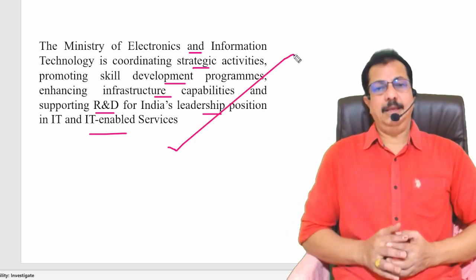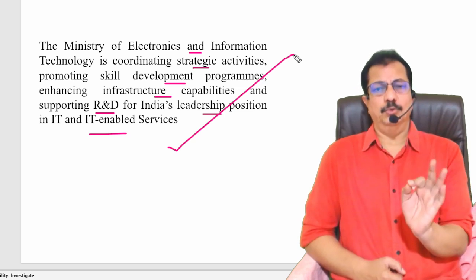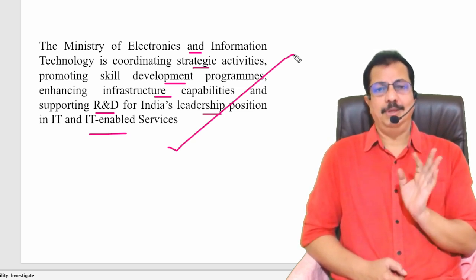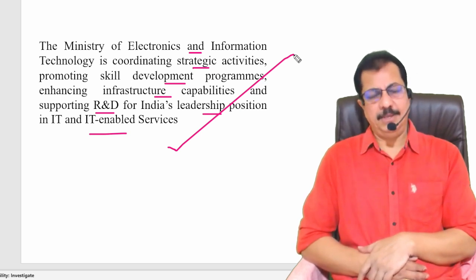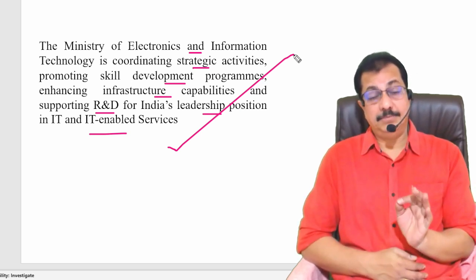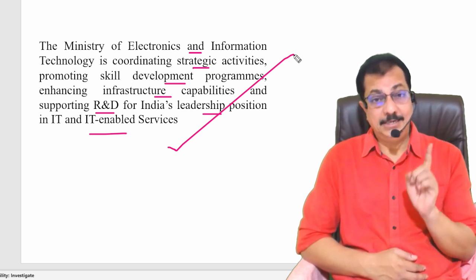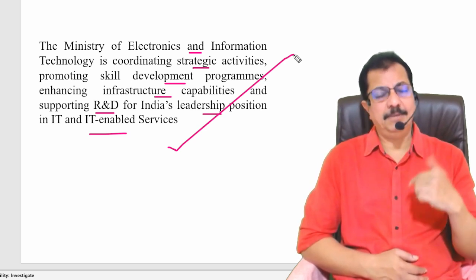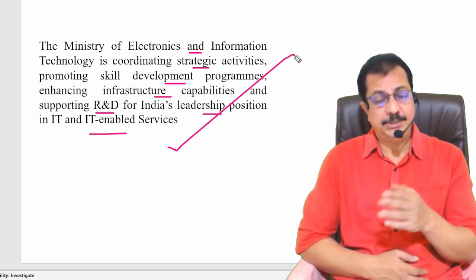Today, India is one of the best countries with respect to information technology, IT and ITES. All that became possible because of the continuous support by the government. That is the reason why a separate ministry has been created for electronics and information technology.